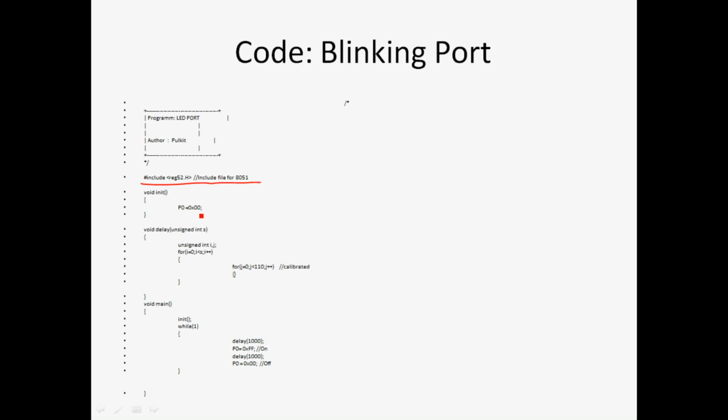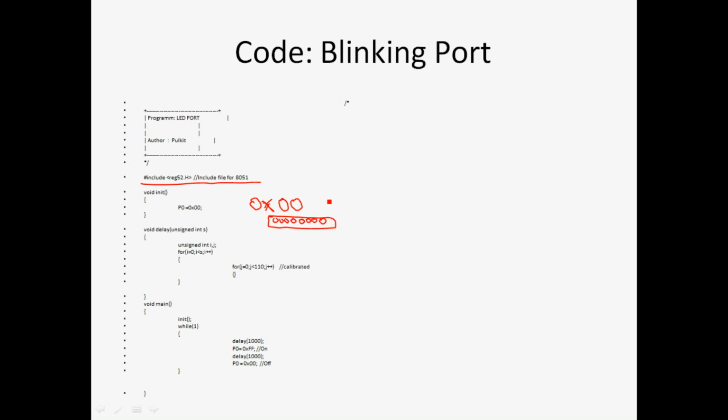So P0 is equal to 0x00. As you know, 0x is the symbol for hexadecimal. So 00 means 4 binary 0s and 4 binary 0s, a total band of 8 zeros.